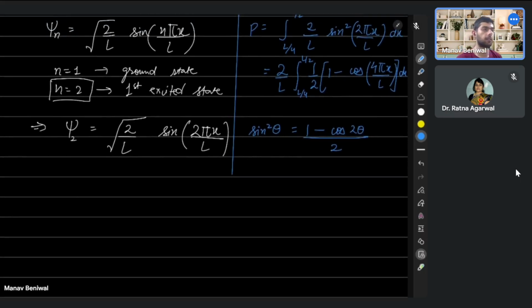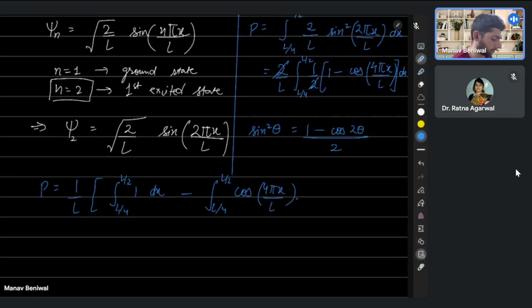So now we get two integrals. This 2 will cancel out. So we can write P as just 1 by L, and then the integral from L by 4 to L by 2 of simply 1 times dx, minus the integral from L by 4 to L by 2 of cos 4 pi x by L times dx.